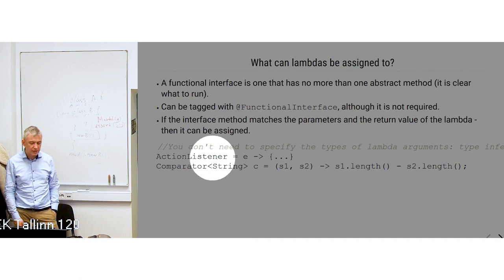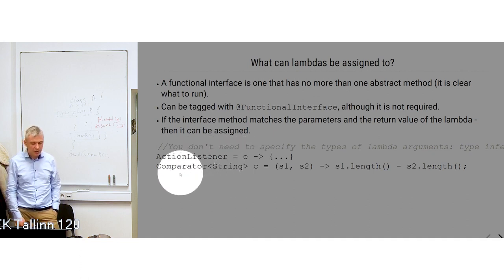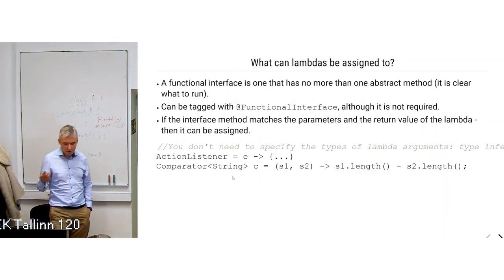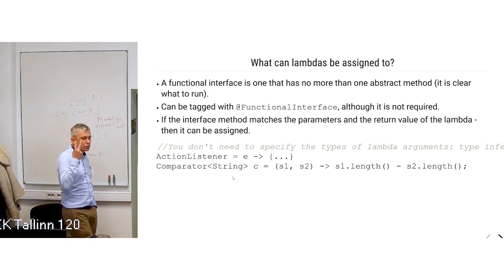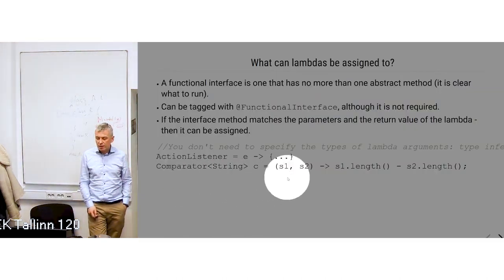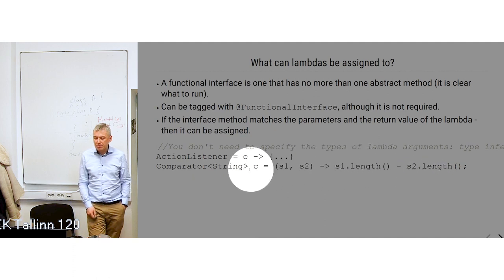So ActionListener is assignable to this sort of lambda. Comparator<String> has one method called compare, and it accepts two string arguments, and it expects an integer result. So here we have a lambda expression that's compatible with this type, so this assignment will compile and work.